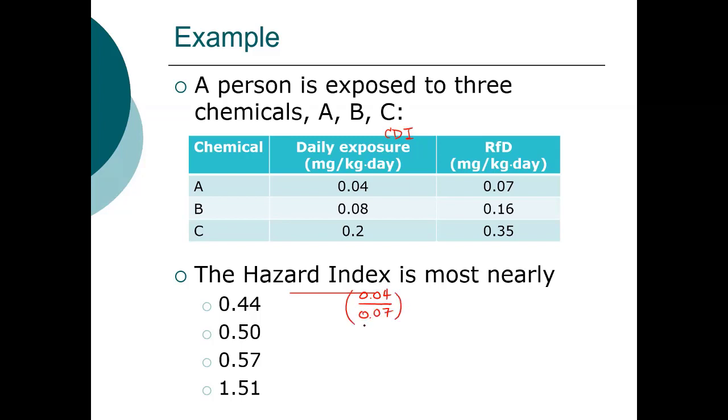So that's a hazard quotient for A, plus 0.08 divided by 0.16, plus 0.2 over 0.35. And that is equal to 1.51. That is greater than 1. So that tells you that, yes, this is potential hazard. So this is of concern. If it's significantly less than 1, then it is likely not to be of concern.